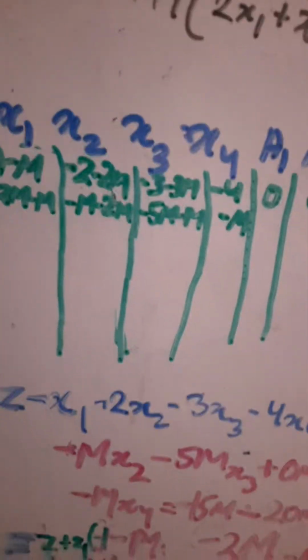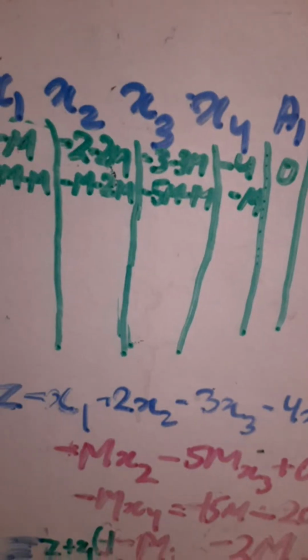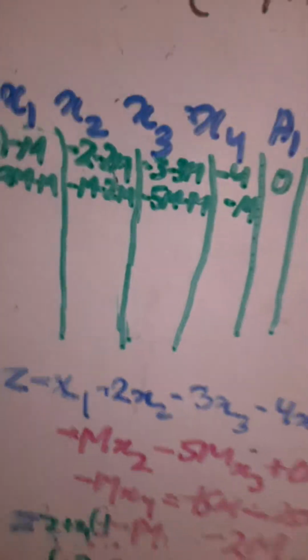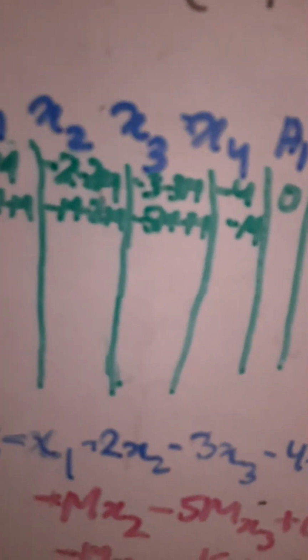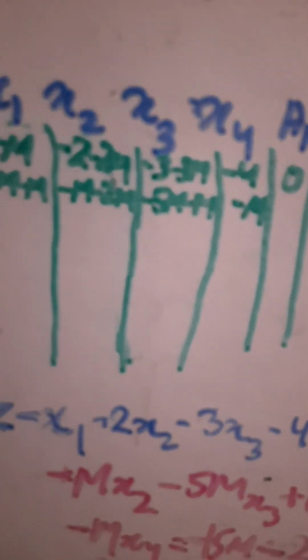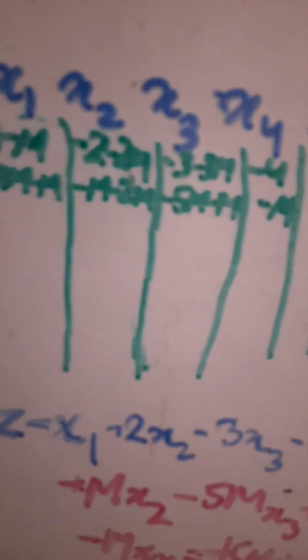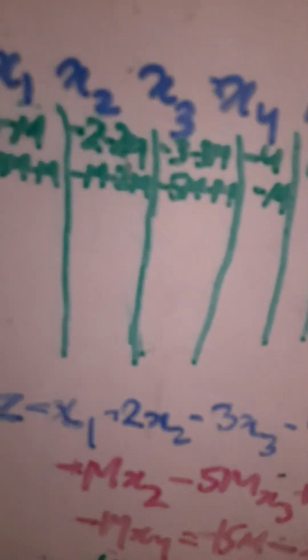Minus 1 minus m minus 2m minus m. We can take m here common, right? Wait a second. Minus m minus 2m minus m would be minus 3m. What are we doing, bro? Isn't it? Oh my god.